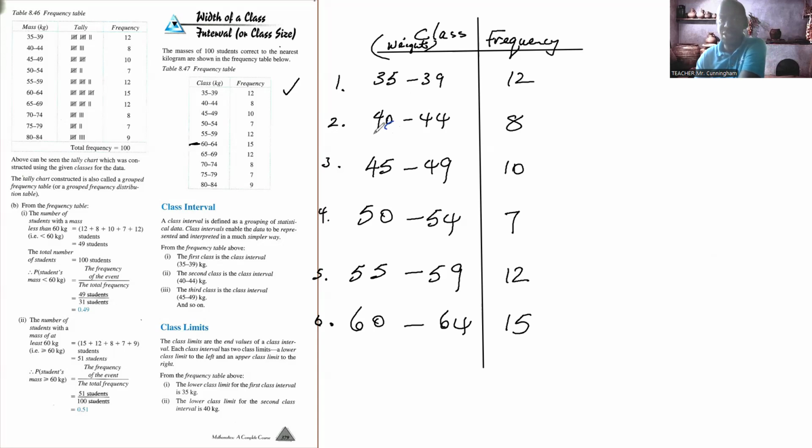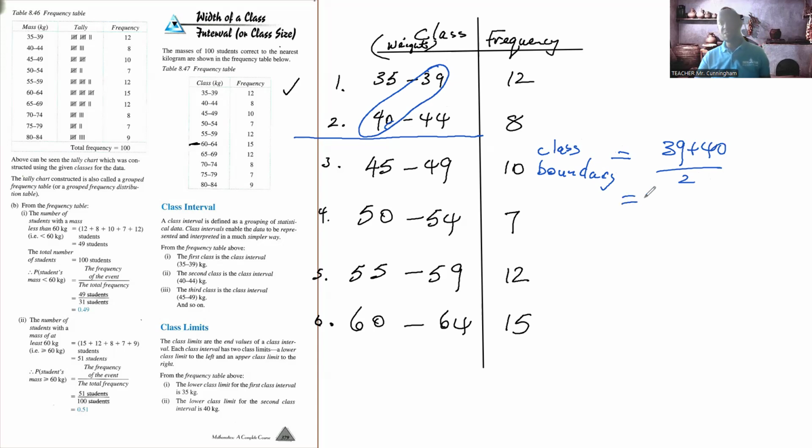So let's look at the second interval. Your class boundary is equal to, for the second interval, 39 plus 40, divided by 2.